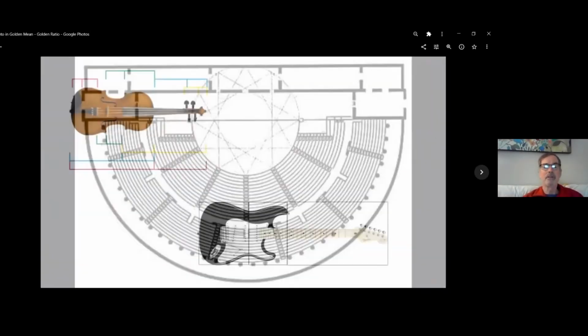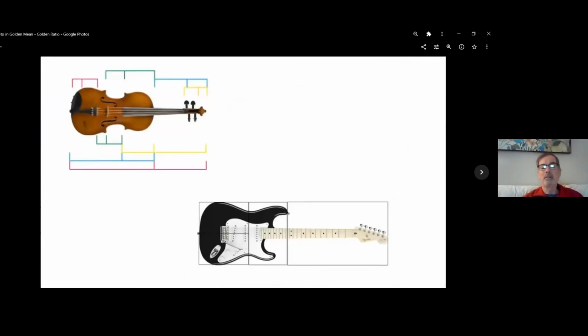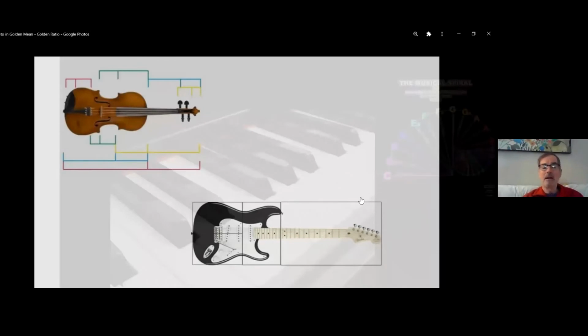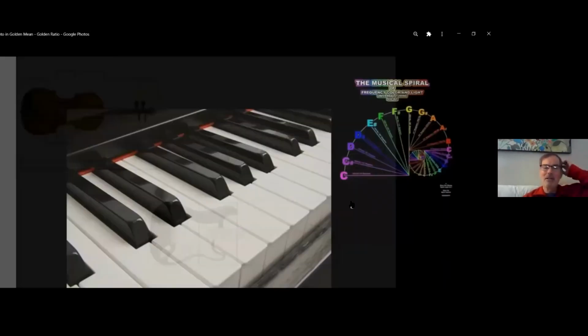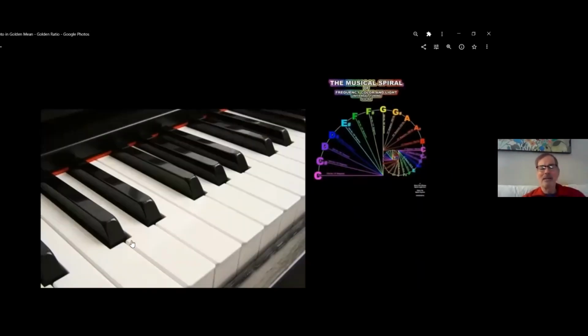Musical instruments, the size of the instruments. There's some playing around with that. The music goes a little bit farther than this, because if you look here, there are 3 black keys. That's one of the Fibonacci sequence numbers. By the way, I didn't give that a name.